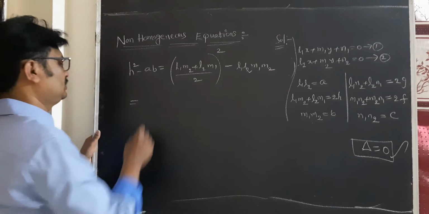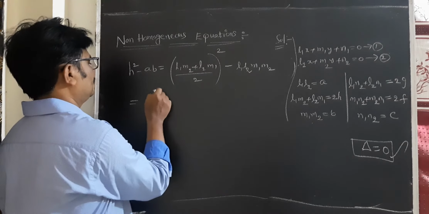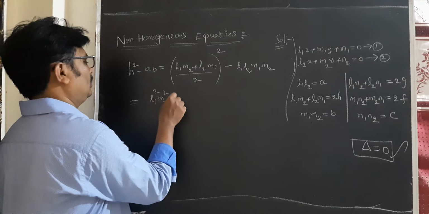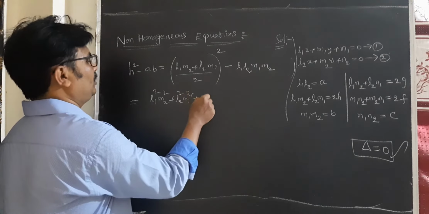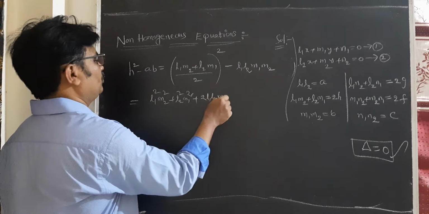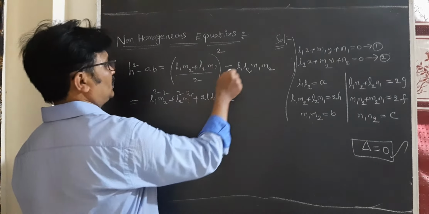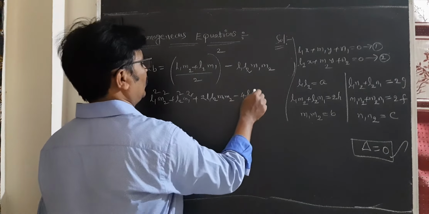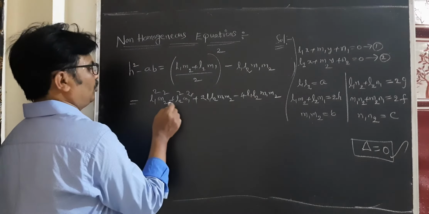Now students, this can be written as L1 square M2 square plus L2 square M1 square plus 2 L1 L2 M1 M2, whole by 4, minus 4 L1 L2 M1 M2 whole by 4.